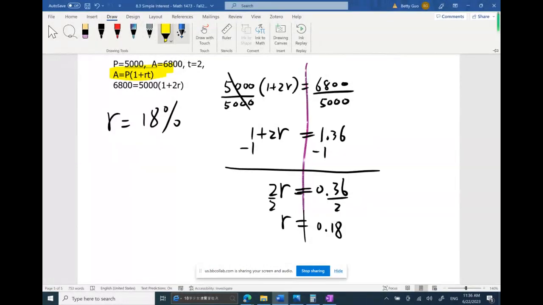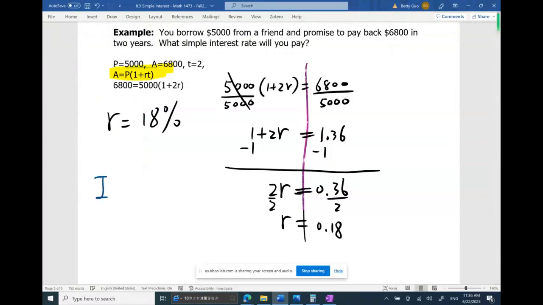Your simple interest amount is the difference between the future value of the loan and your principal. Your principal is $5,000. Your future value of the loan is $6,800. What's the difference between them? 6,800 minus 5,000 is $1,800, right? That's your interest amount.